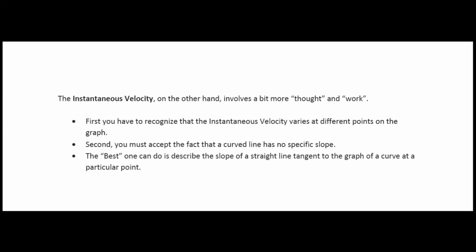You can't look at a curved line and say the slope of the curve is, because it's not uniform. The best one can do is to describe the slope of a straight line tangent to the graph at a point, and that will be equivalent to the slope of the graph at that point.